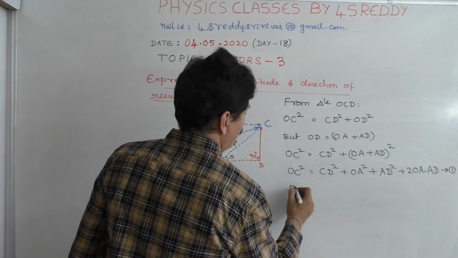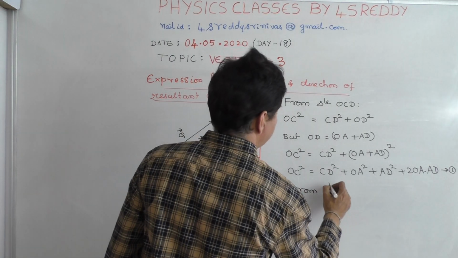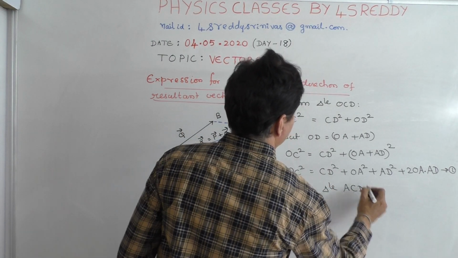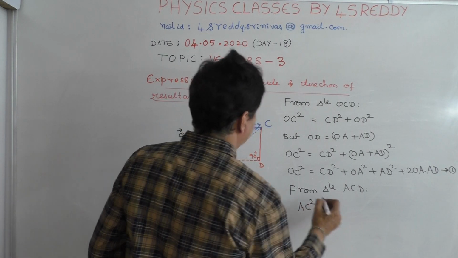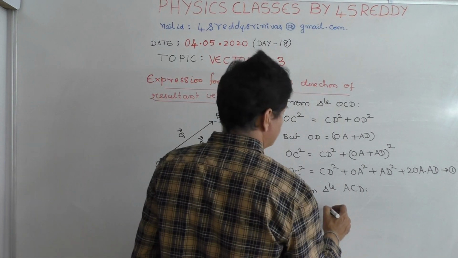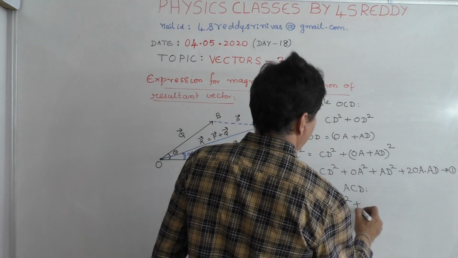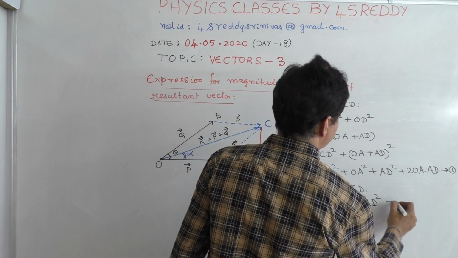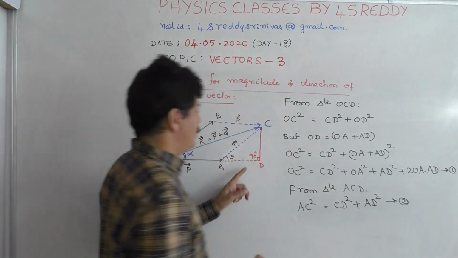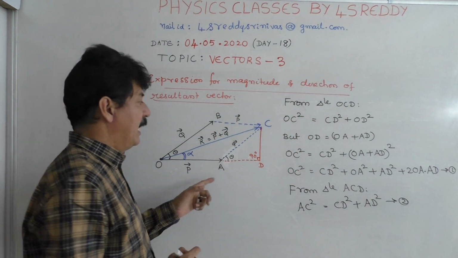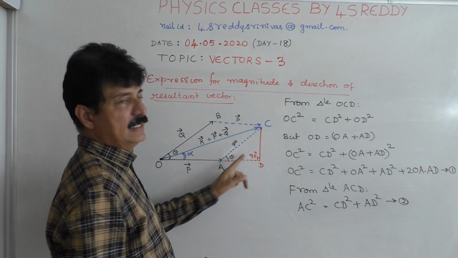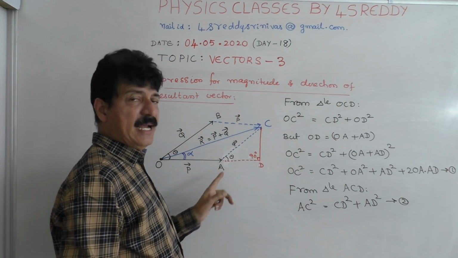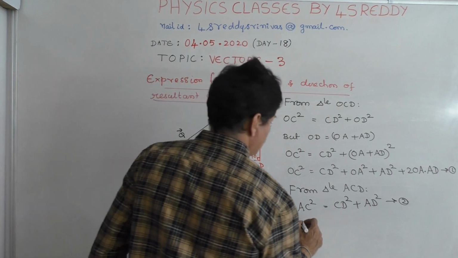Now, from triangle ACD, if you observe this triangle ACD, AC square equals CD square plus AD square. That is equation number 2. And what is sine theta? From this figure, sine theta is opposite side by hypotenuse.